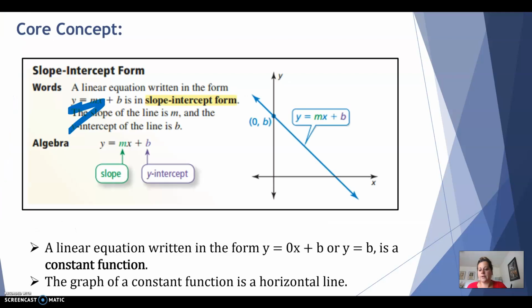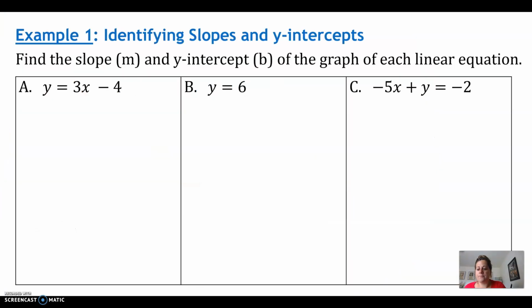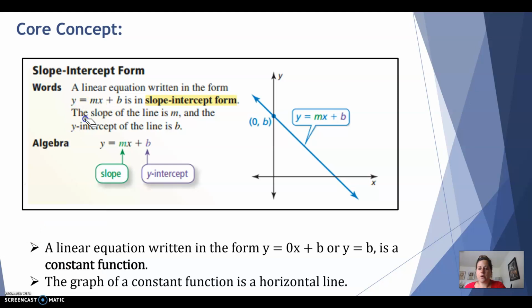Like I just said, slope-intercept form is y equals mx plus b. Now, if you remember, the m is the number or fraction in front of your x, and that is the slope. That's your rise over run, and you just did slope the previous day. And then b, it can be plus or minus, doesn't matter, was your y-intercept.